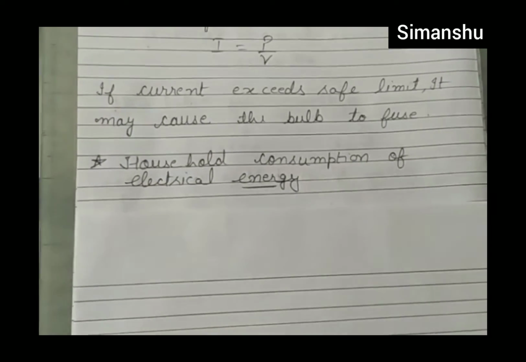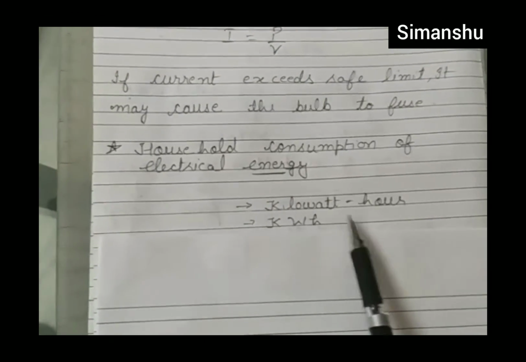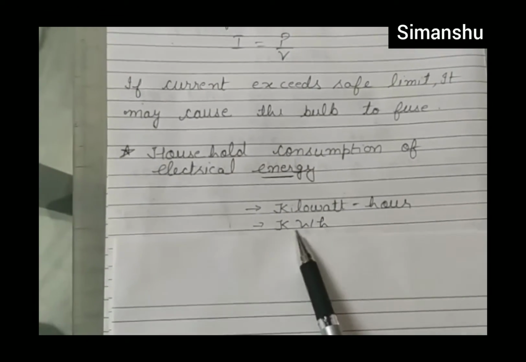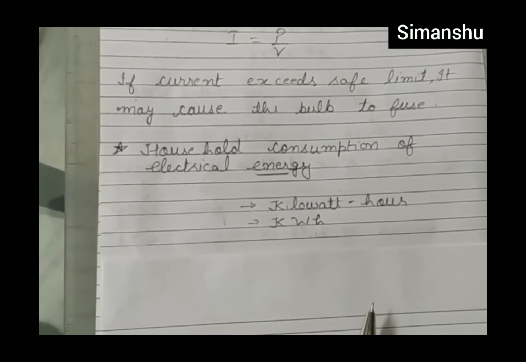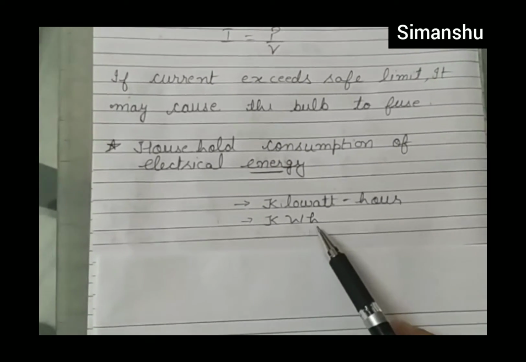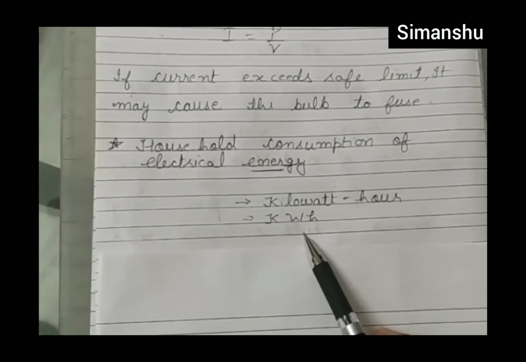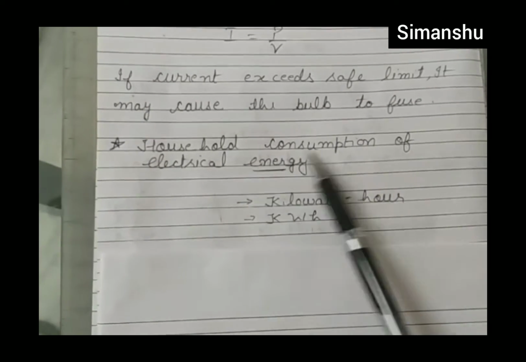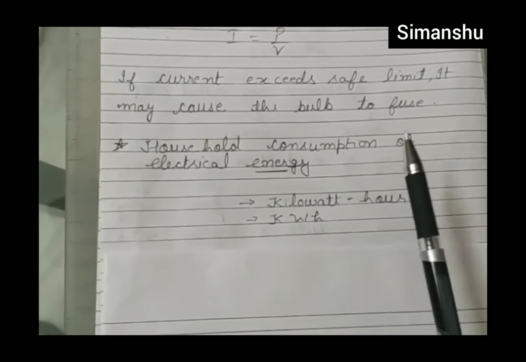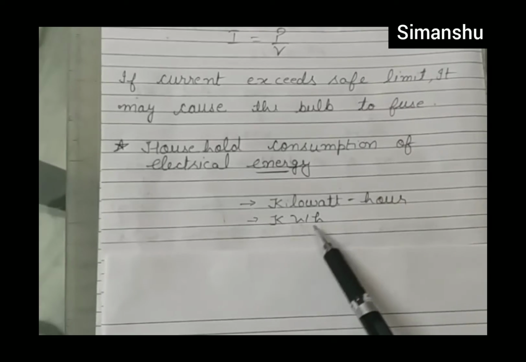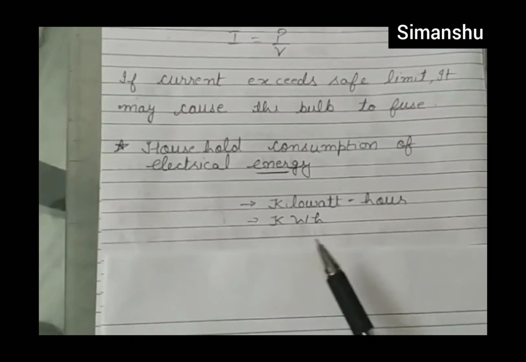I think many know. If you saw the electricity bill, we use the unit kilowatt hour. This unit is also called the commercial unit. So household consumption or commercial unit, both are in kilowatt hour.